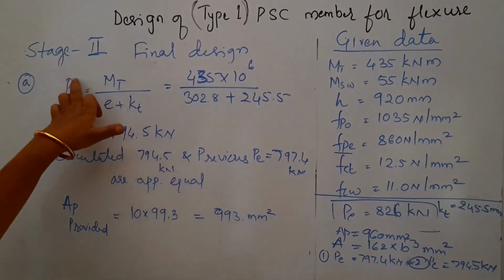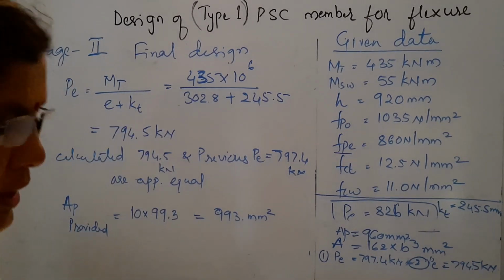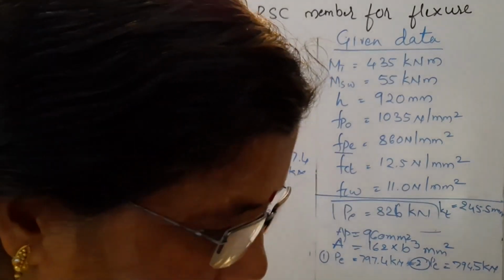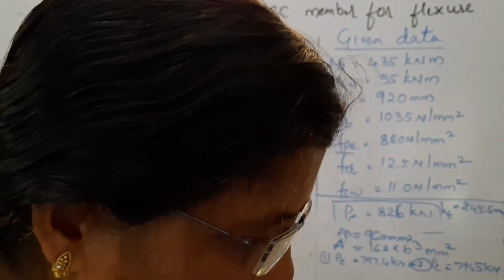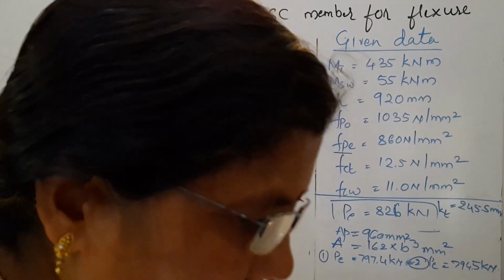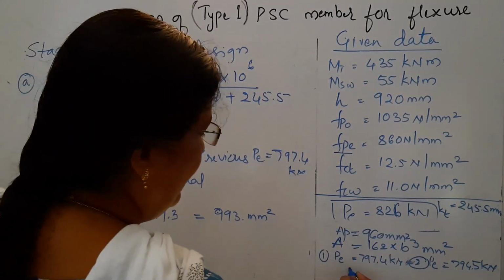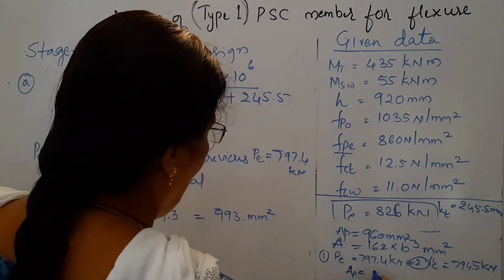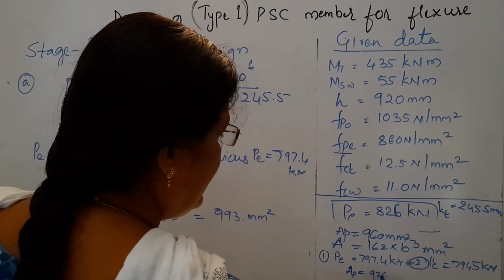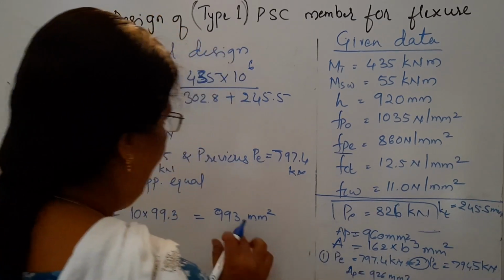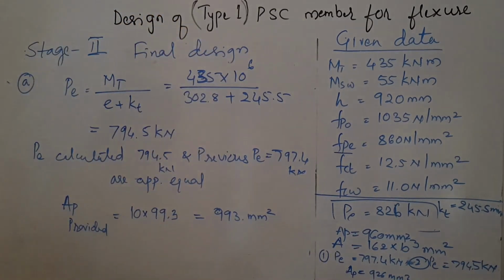In the second stage we calculated the area of steel as 926. Previous was 960. In this checking, the area of steel calculated was 926 square millimeter, and the provided 993 is more than that.